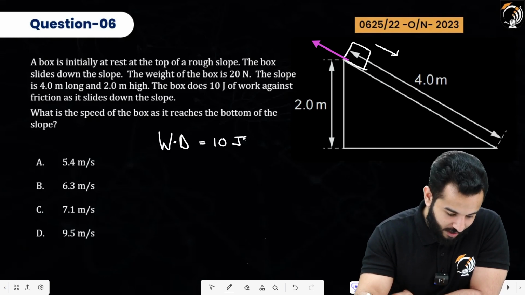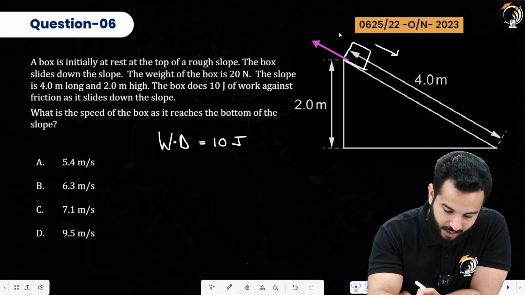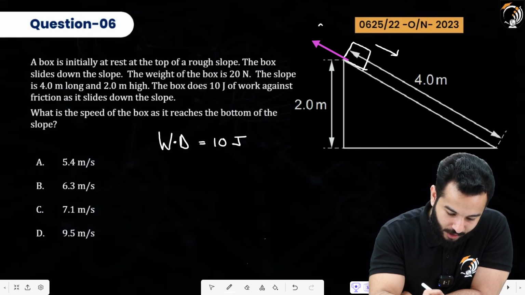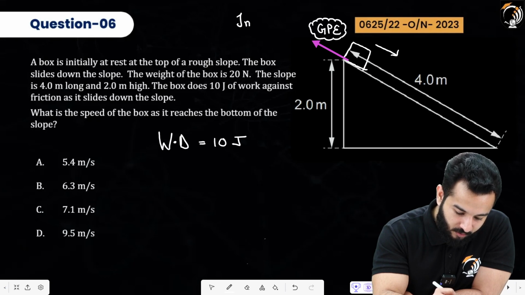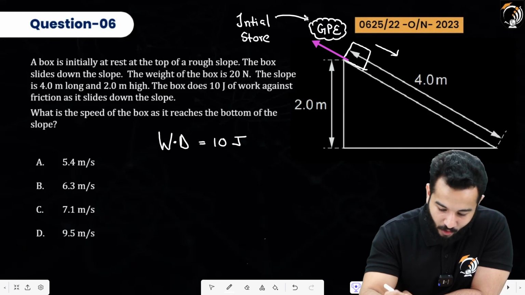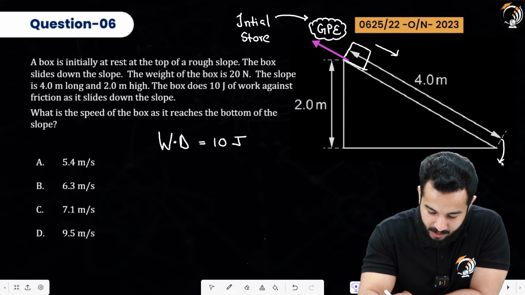Work done by friction is 10 joules, and over here it also has gravitational potential energy. So this was the initial store. And finally, all the energy that will be left will be in the kinetic store.